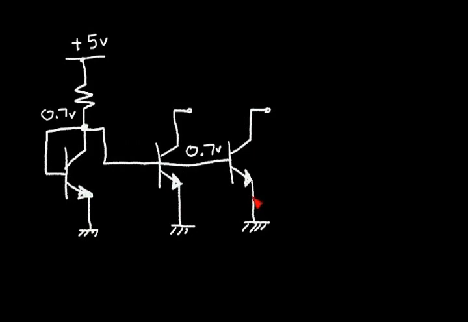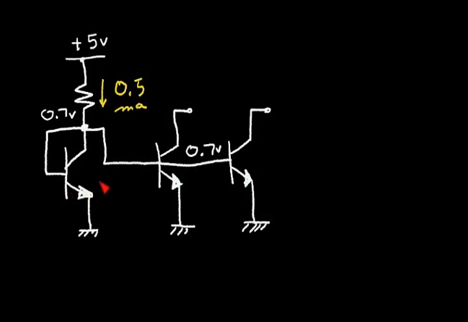Here I have a previous current source, but I've added one more NPN transistor. And let's say that instead of 1 milliamp flowing in this resistor, I'm going to decrease that a little bit and design it for 1/2 milliamp. Now what if I do not make these transistors identical?